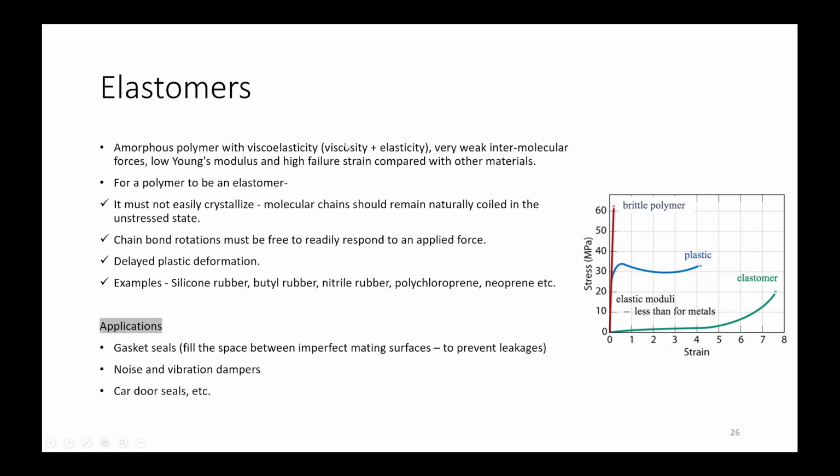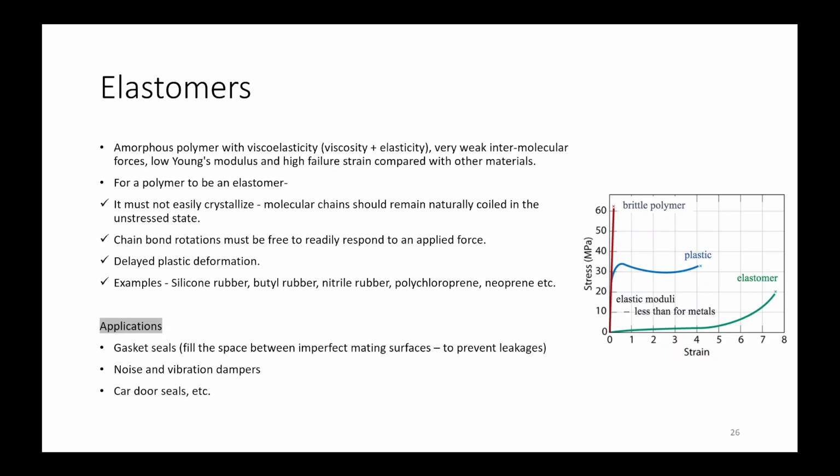Now another application is in making elastomers. So elastomers will have this stress-strain curve. They are amorphous polymers with viscoelasticity, both viscosity and elasticity, having very weak intermolecular forces, low Young's modulus and high failure strain compared with other materials.